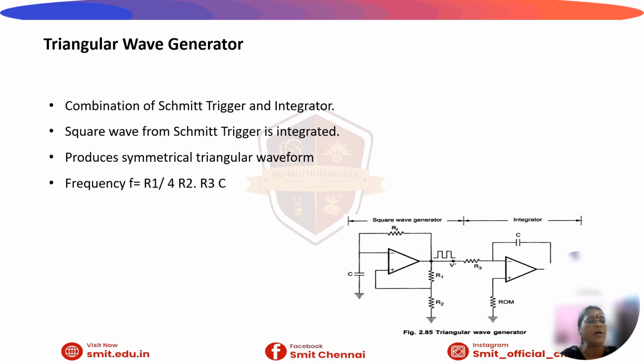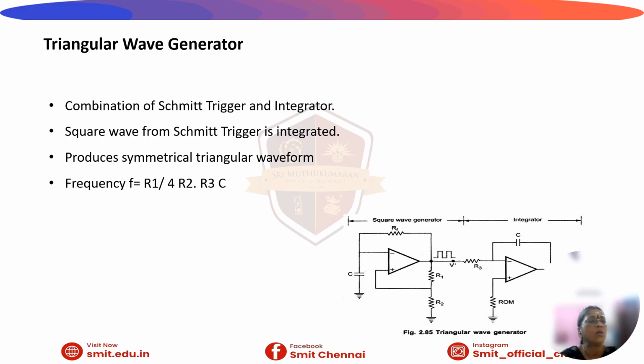The second op-amp, the integrator circuit, is an op-amp with an input resistor and a feedback capacitor. As the capacitor charges and discharges with constant current, it produces linear alternating voltage ramps, generating a triangular output.